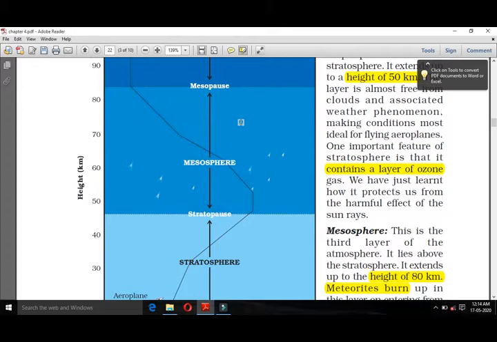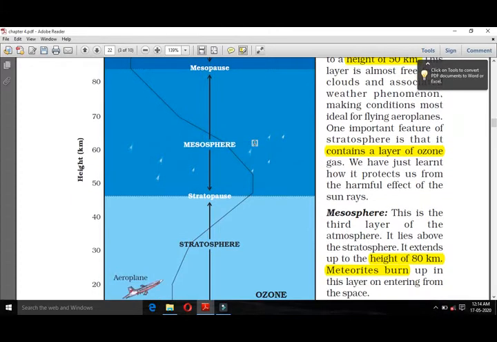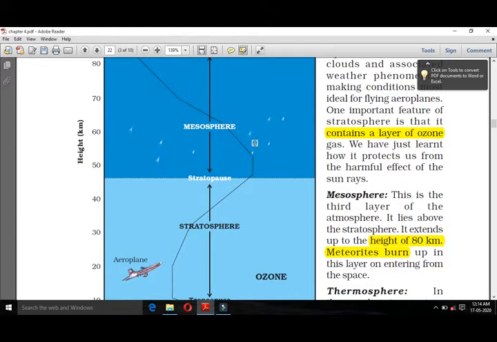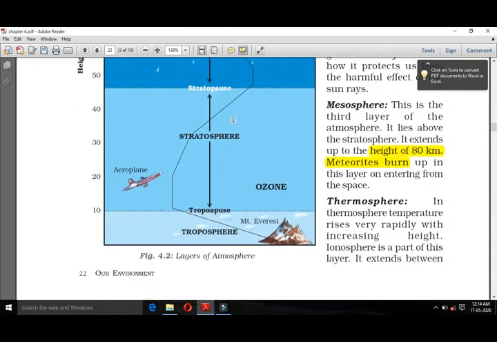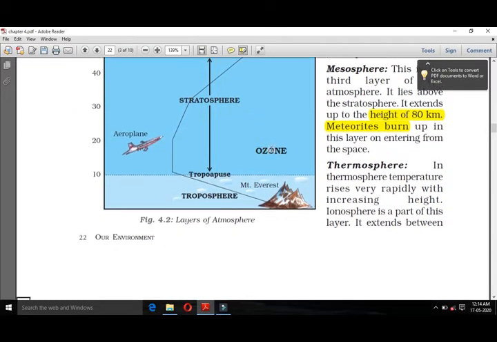The mesosphere is very hot, almost 1600 degrees Celsius. So the height is 80 kilometers.